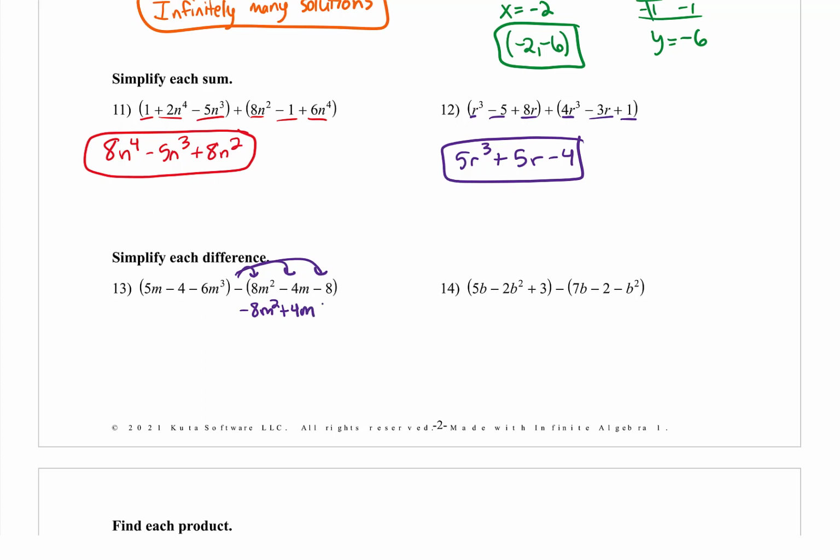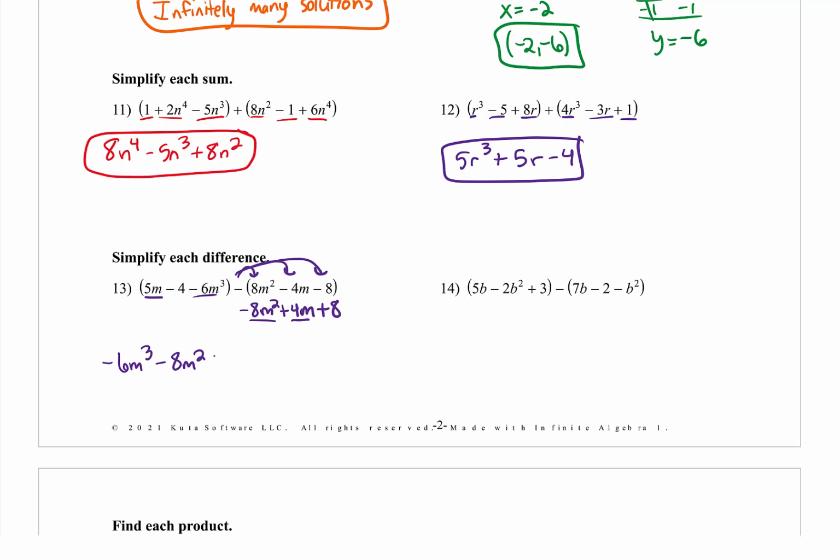When we simplify the difference here, one of the better ways of doing this is to think of these as their opposite signs. So negative, positive, positive. And then do what we just did where we add like terms. So m cubed doesn't have anything else, so it's -6m cubed. Then we're going to look for m squared. So -8m squared.